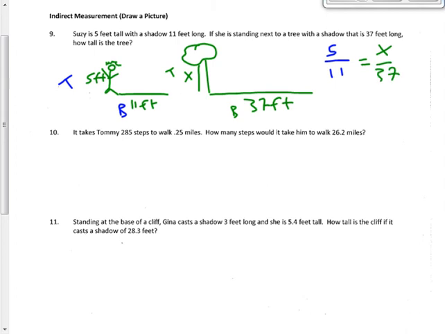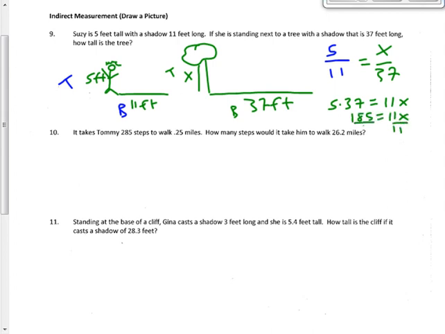Now in this situation, 11 times something will not give me 37. That something would not be a really nice number. I could figure it out, but it would be a lot easier for me, I think, to do 5 times 37 equals 11x. Nice cross-multiplying problem here. 5 times 37 is equal to 185.